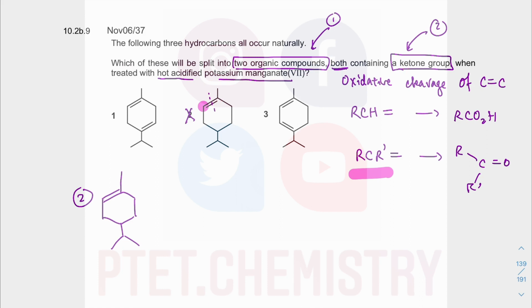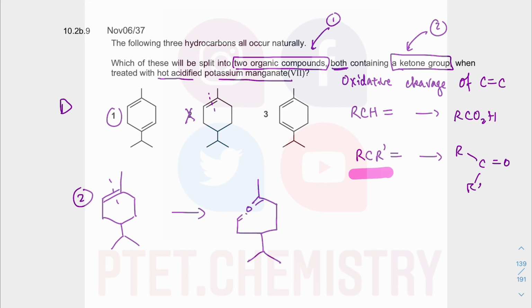This will give you a ketone because it's a carbon bonded to 2 other carbon to give you a ketone there, but not this one. This one will be a carboxylic acid. You want both to contain a ketone, so this one is already incorrect as well. So both the first and the second condition are already not satisfied by 2. You only have one answer, which is D. In a structure paper, however, they will ask you draw all the possible product. So when you cleave that, you will get ketone.